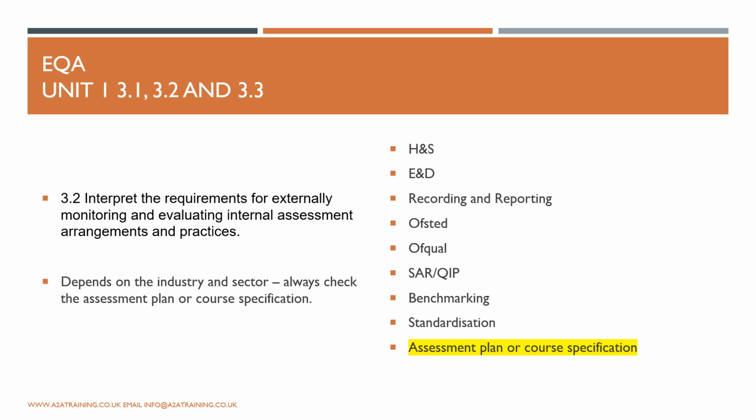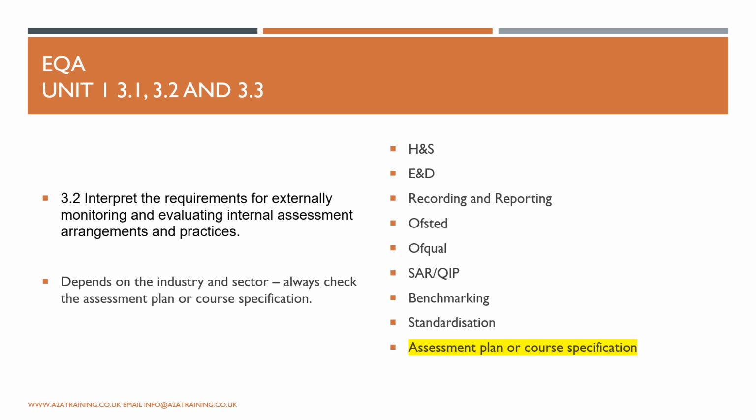And also recording and reporting is likely to be the same no matter what sector you work in. Different EQA organisations will oversee different qualifications and different types of qualifications. For example, Ofsted will look after schools and apprenticeships, and Ofqual may look after examination boards and endpoint assessment organisations.